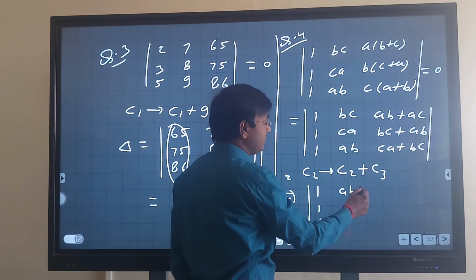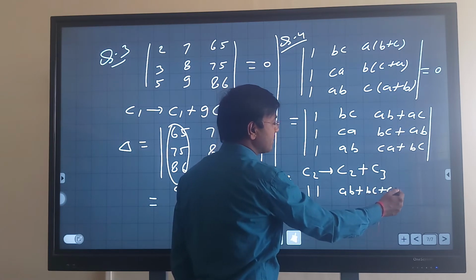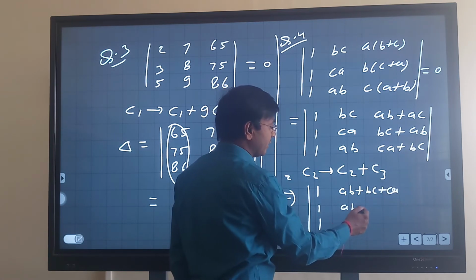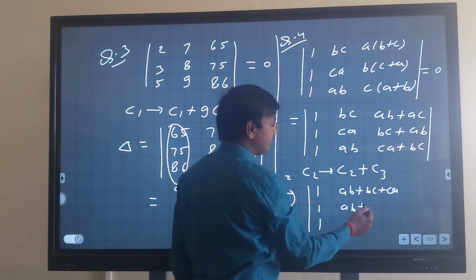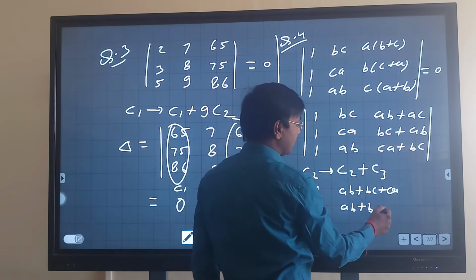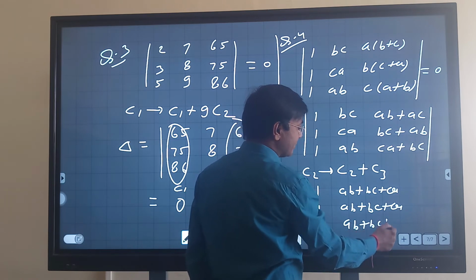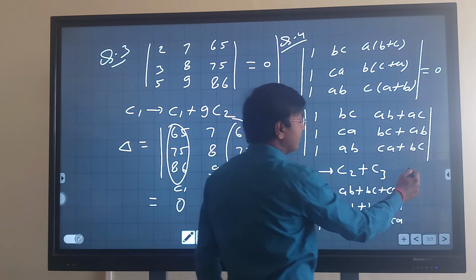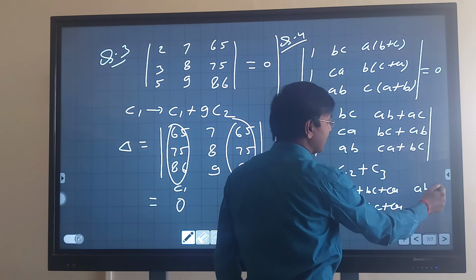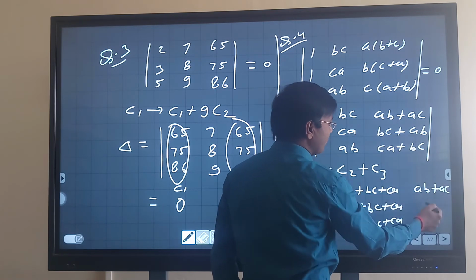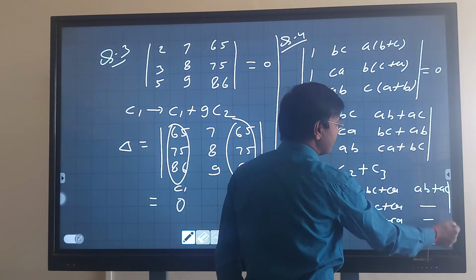So you will get AB plus BC plus CA. I am writing in order, same as here. If you add this AB, BC, CA, and the next term AB, BC, CA will get, and the third column as it is, AB plus AC, same as we will write here.